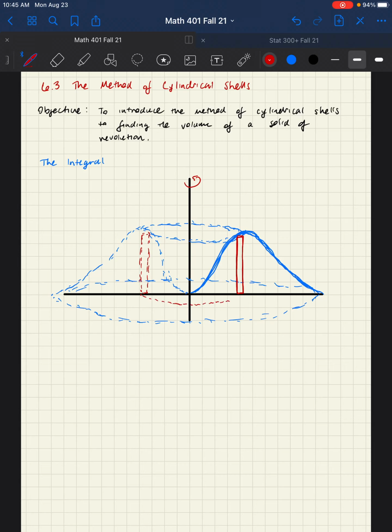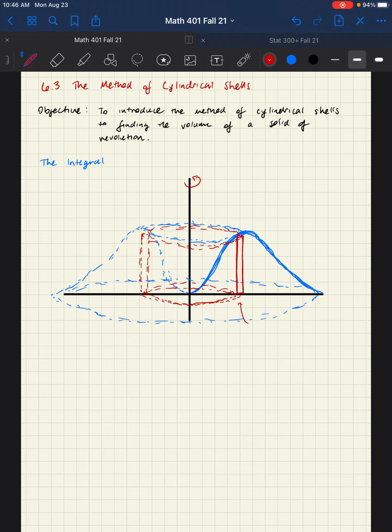This rectangle, which, as I'll discuss in a second, is infinitesimally thin, is going to give us this cylindrical shell. And we'll see as we sweep it out, we're going to take these infinitesimally thin shells and use them to build up the entirety of the volume. So now you can see that this is the cylindrical shell that's infinitely thin.